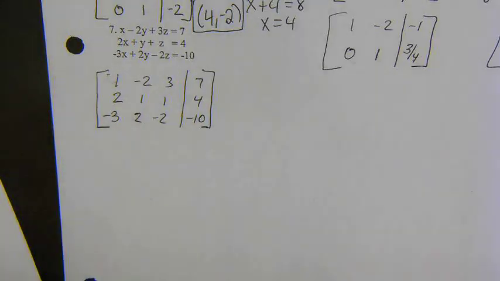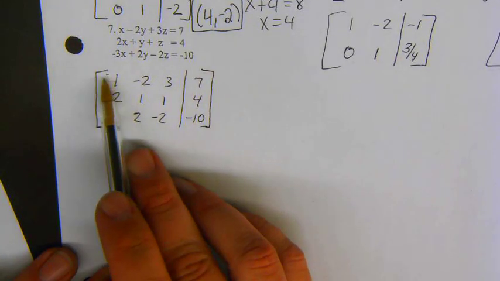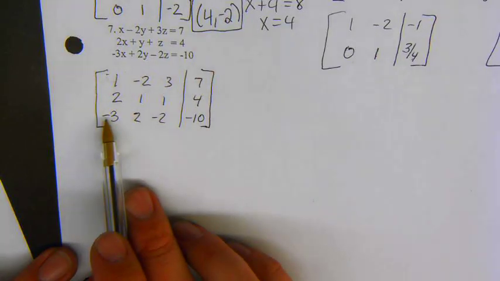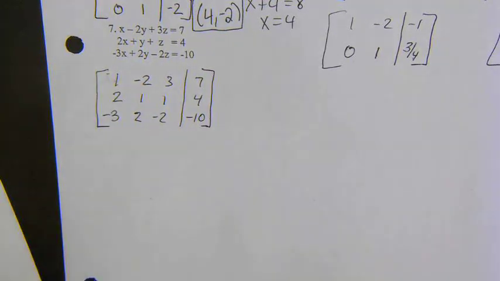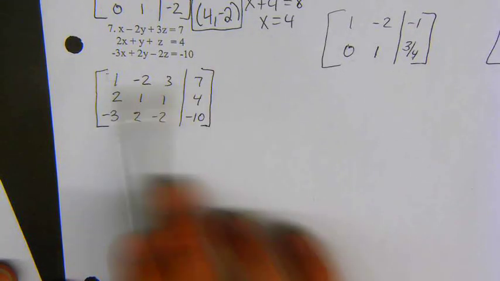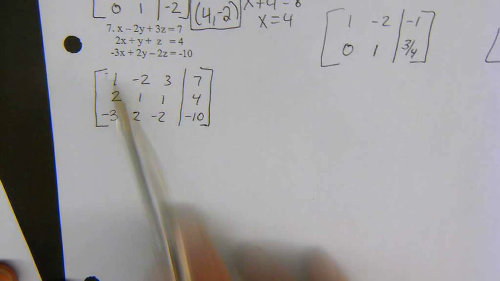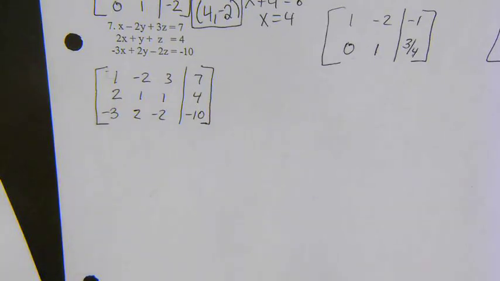Right. If this was a 4, you could take this row and add it to this row, and that would make your new row 1 a 1. I'm just saying that to think ahead, because when that happens, don't always just look for division. If there's an easy way to make this a 1 using addition of 2 rows, you could do it that way. But let's go back to this problem.